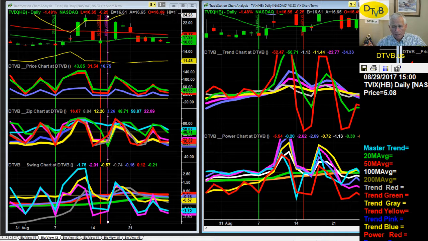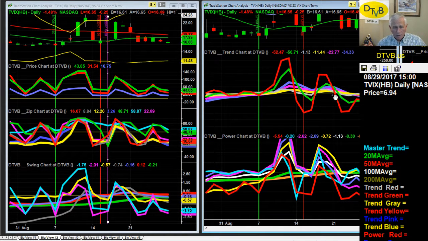I'm going to take the time to show a couple of others on this page, and that's the red vertical line. You can see that the red vertical line has trend red in a low angle down, power red in a low angle down. They're both lowest. Zip Zion is lowest as well, as is down as well, but in a bucket.